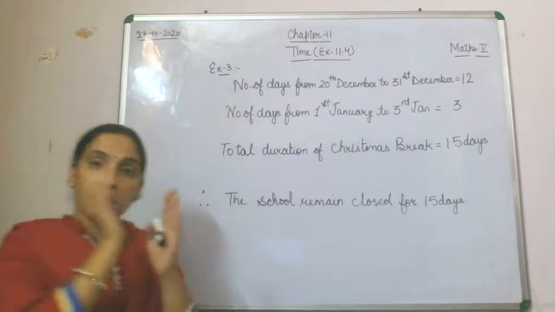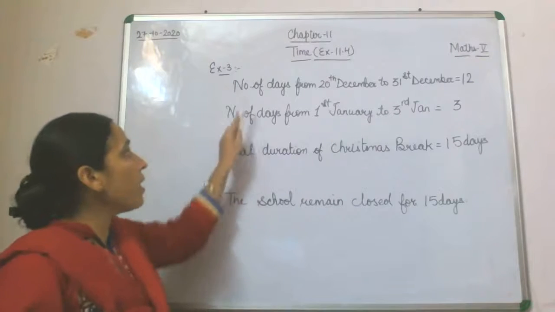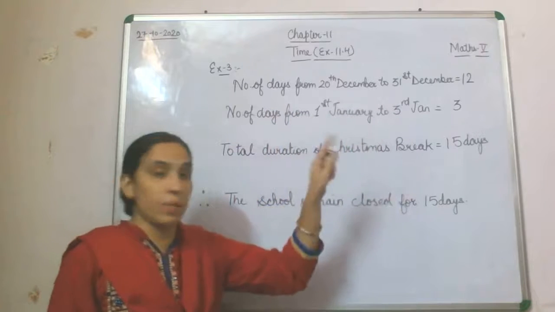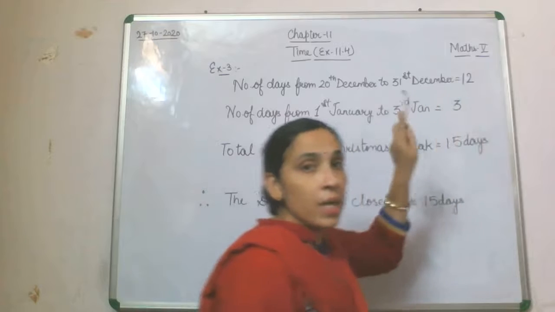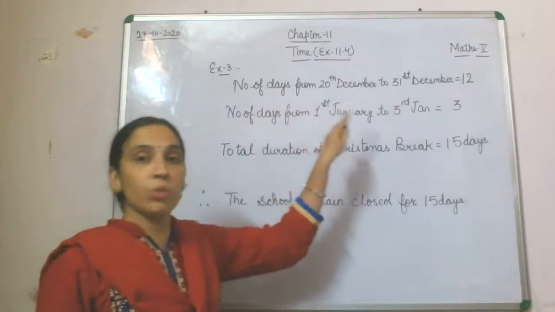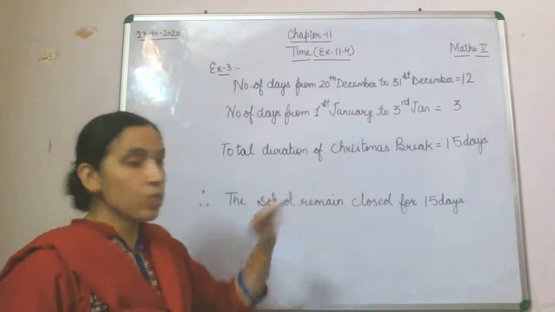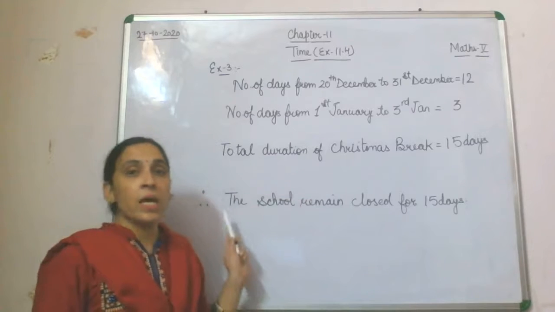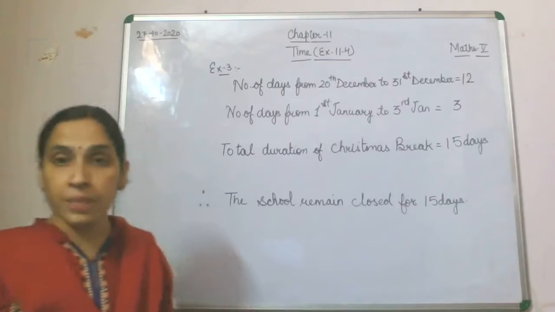The number of days in a particular month you will find out separately. I have done the number of days from 20th December to 31st December. This we are going to calculate separately, that is 12 days. After that, the number of days from 1st January to 3rd January, that is 3. Now the total duration of Christmas break will be 12 plus 3, that is 15. Therefore the school remains closed for 15 days.